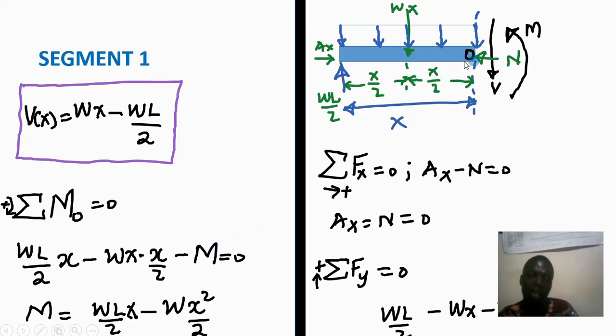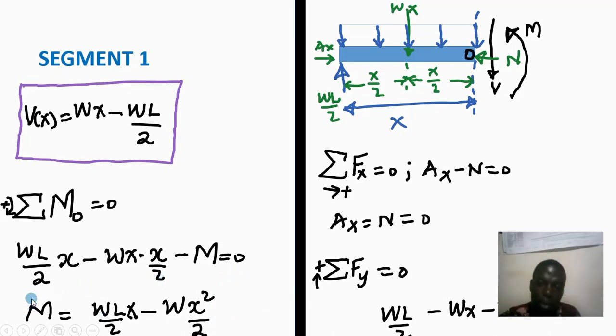Then minus M, which is the bending moment that we have in question, and therefore it is also going to act in an anti-clockwise direction. That's why we are subtracting it. Therefore M will equal WLx out of 2 minus Wx squared out of 2.